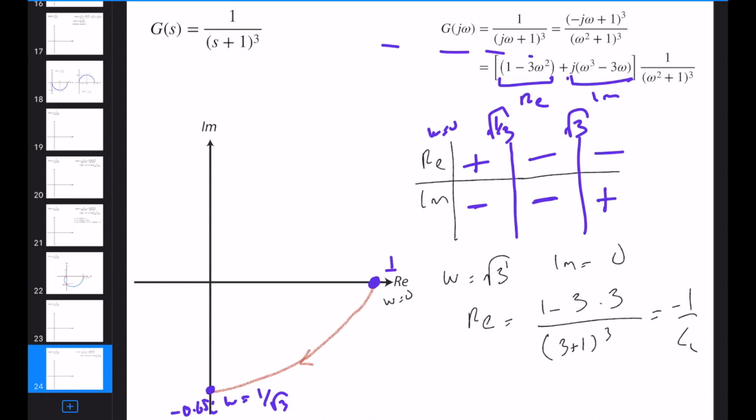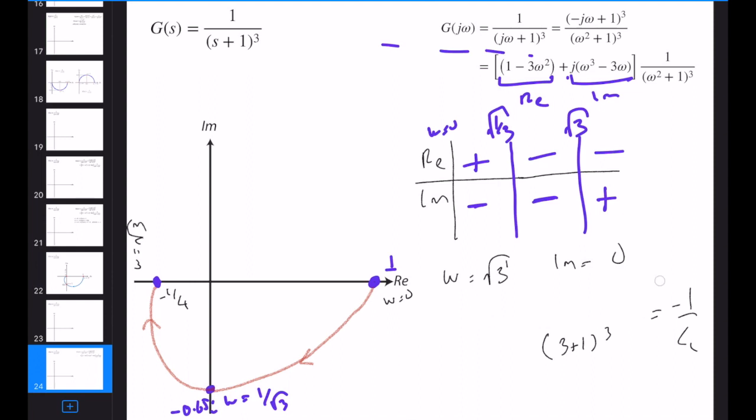It will be somewhere here. This is minus 1 over 4, and omega is equal to square root of 3.